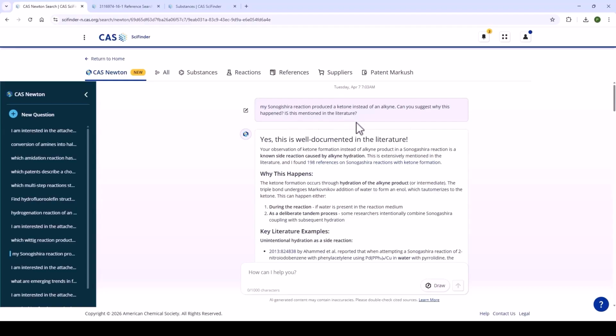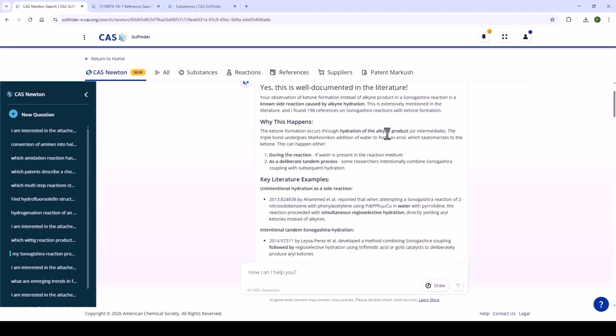And so CAS Newton accessed the CAS content collection, mainly focusing on the reaction details, and found that indeed the production of the ketone is a well-known side reaction caused by hydration of the alkyne. And it found some interesting references for that.